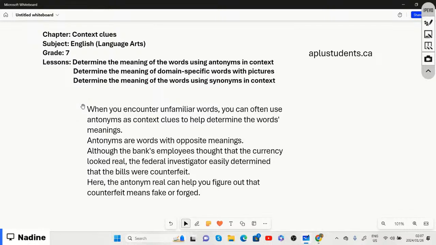So when you encounter unfamiliar words, you can often use antonyms as context clues to help determine the words' meanings. Antonyms are basically words with the opposite meaning.